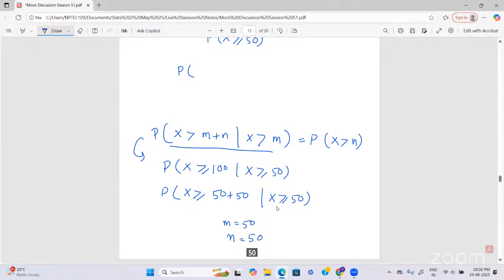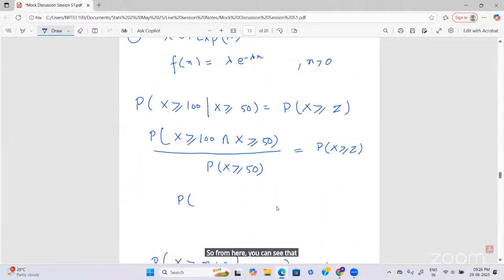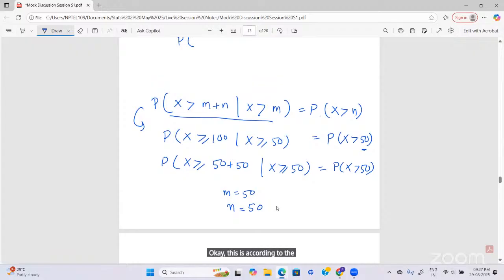So according to the memoryless property, it is X greater than 50. So from here, you can see that Z should be equal to 50.